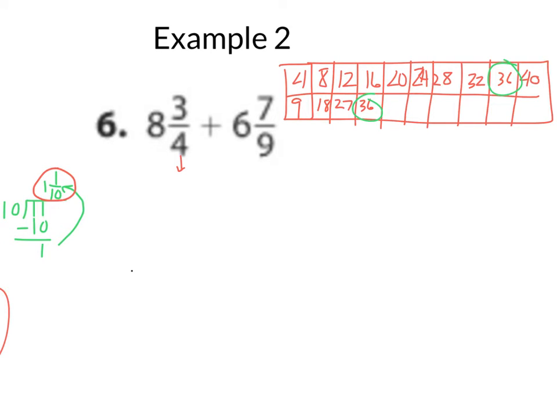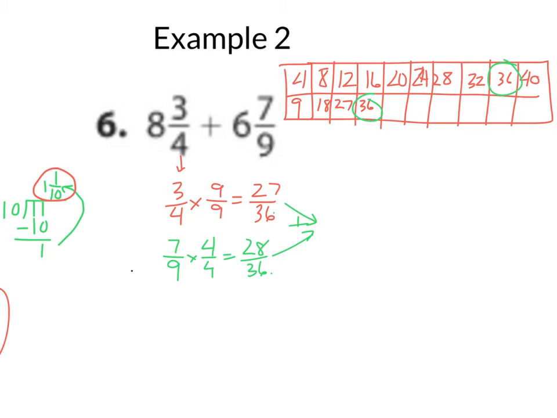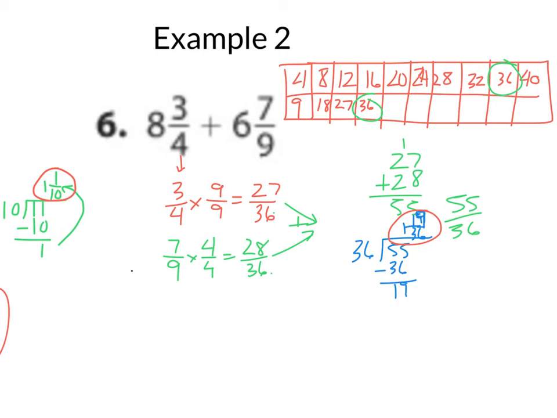First, I found my least common multiple of 36. Then I changed both fractions so that 36 was the denominator. Next, I needed to add them together, giving me 55/36. I cannot leave it like that. I need to make it into a mixed number, which would leave me with 1 and 19/36.